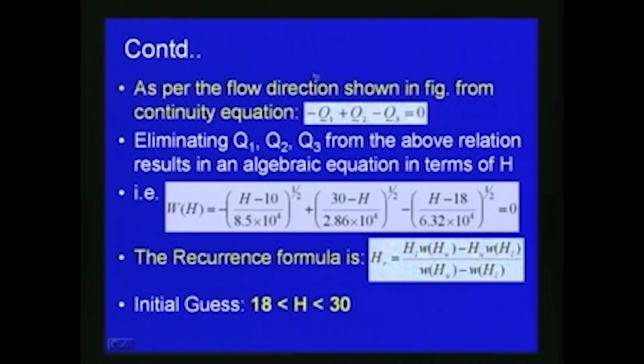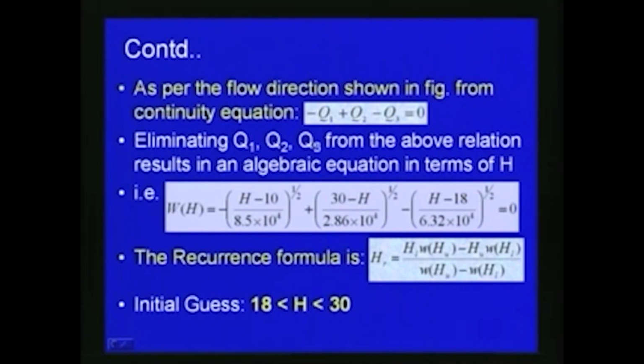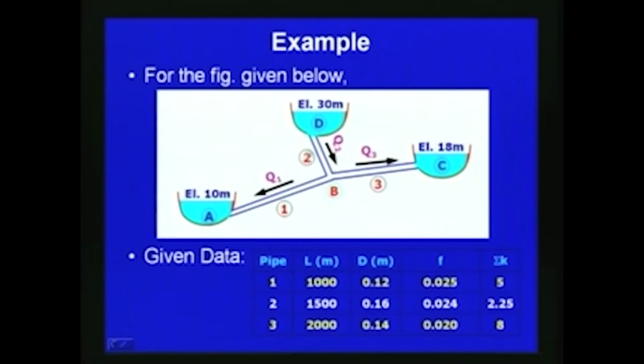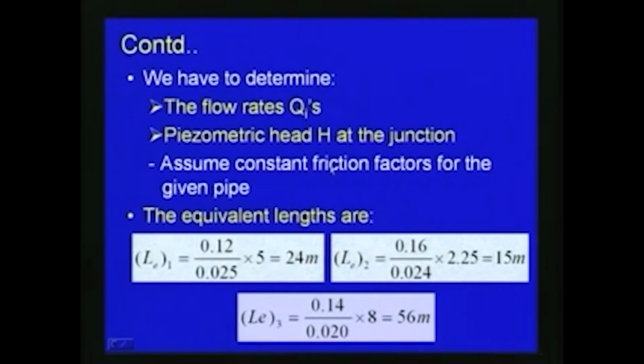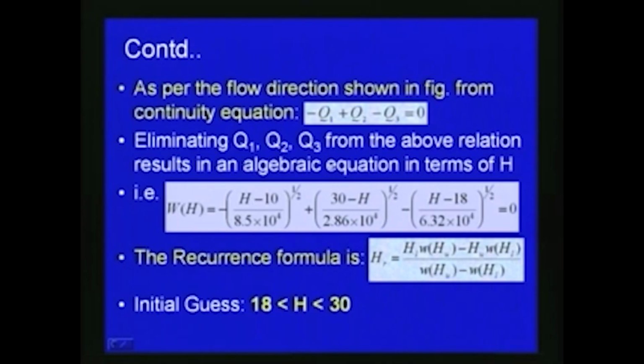As per the flow direction shown in the figure, one is towards the junction and the other two are from the junction. Towards the junction it is positive and away from the junction it is negative. So, minus Q1 plus Q2 minus Q3 is equal to 0. This is the continuity equation.